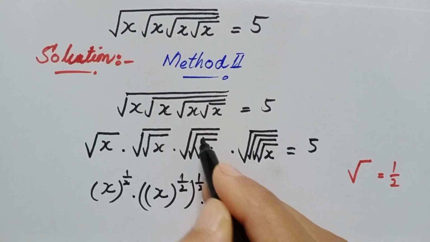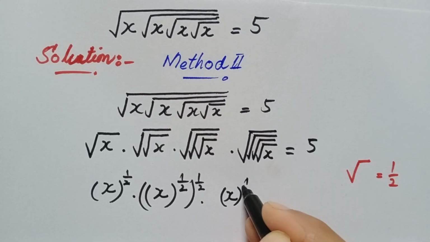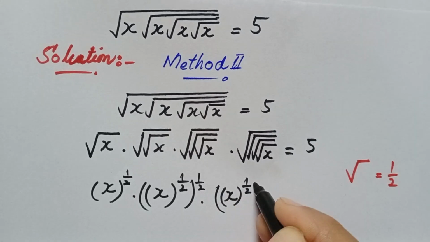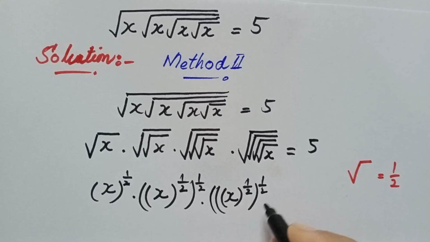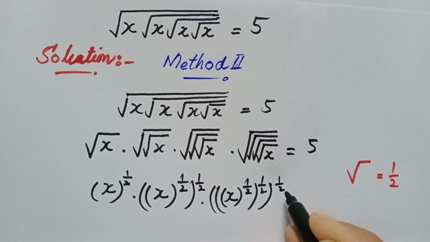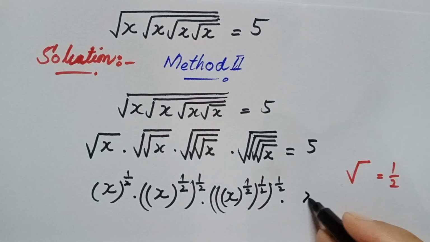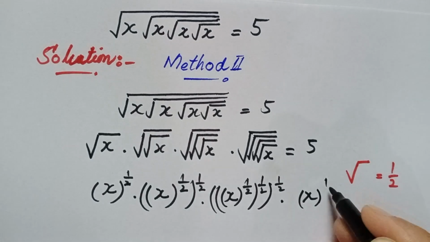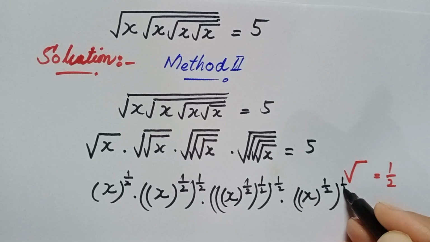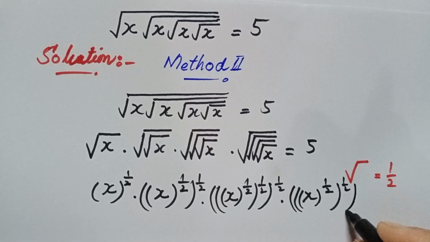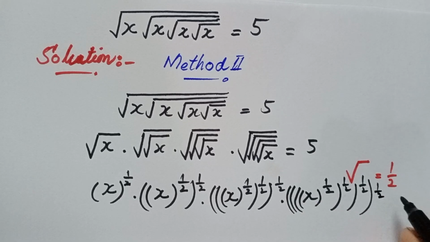Here we have 3 square roots, so we will write x to the power 1 over 2, to the power 1 over 2. Here we have 4 square roots, and we will write x to the power 1 over 2 to the power 1 over 2 to the power 1 over 2 and again to the power 1 over 2.